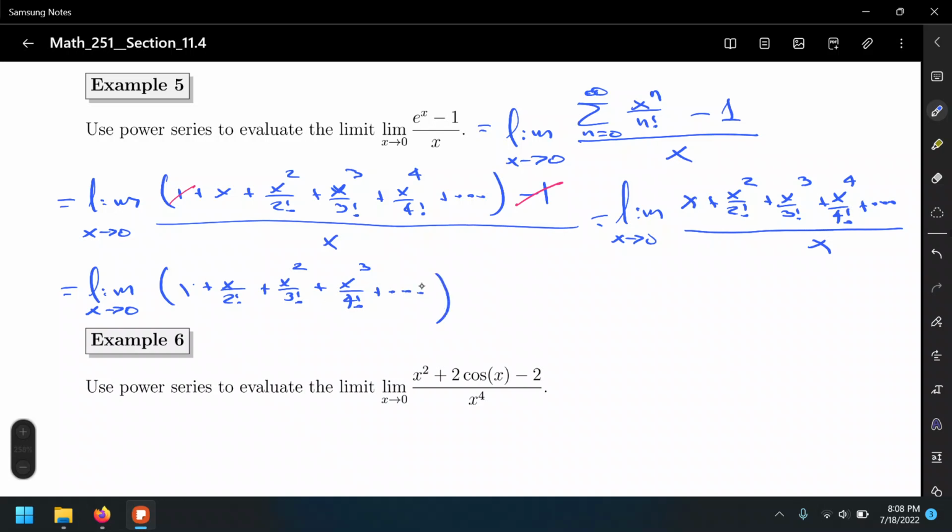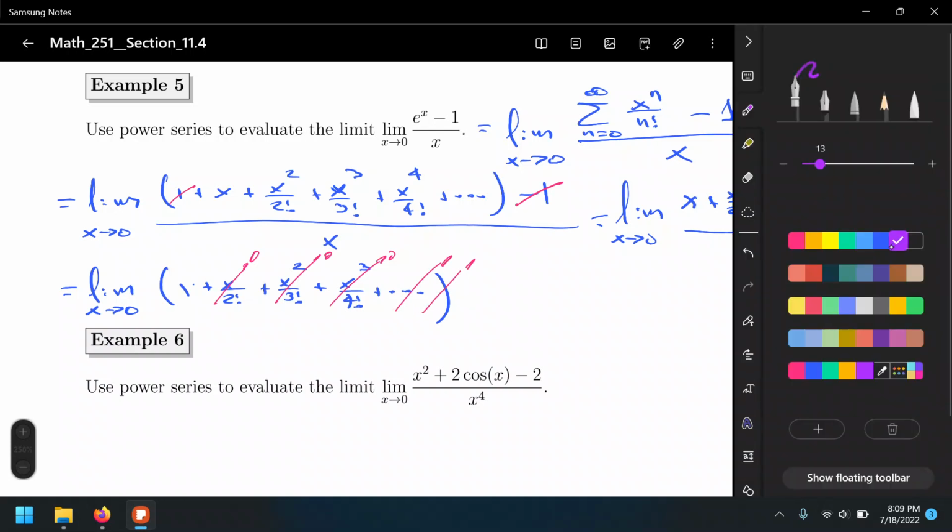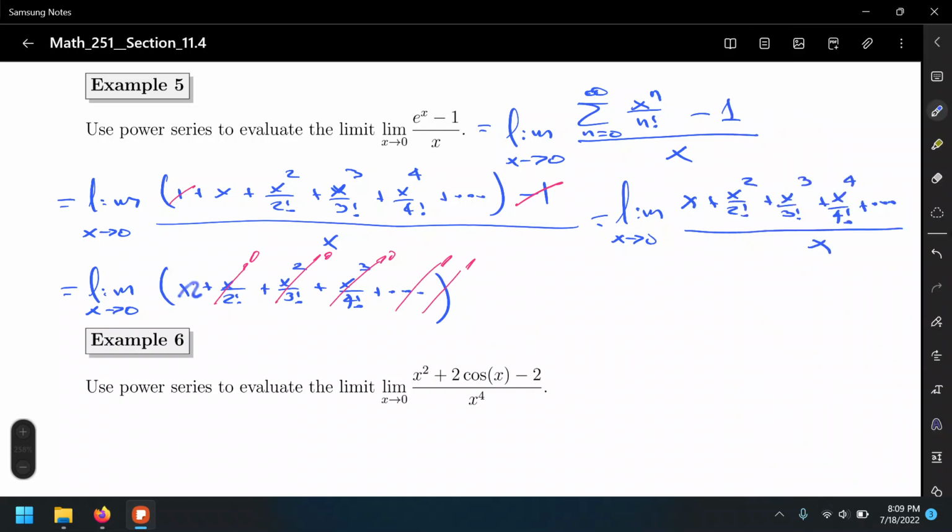Notice this dot dot dot implies again infinitely many terms involving x. Now what's going to happen when you evaluate the limits for all these x terms? You guessed it right. They're going to go to 0, 0, 0, etc., infinitely many times. The only term that really survives is this one right here. So the limit is 1, the same as if we did it using L'Hopital's rule.